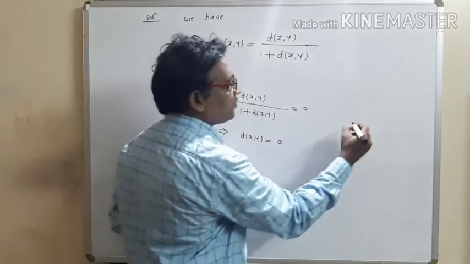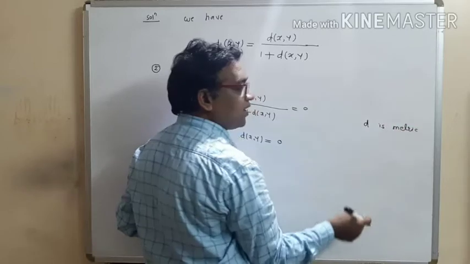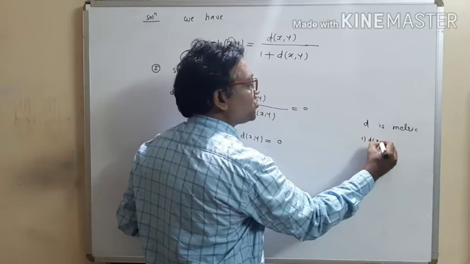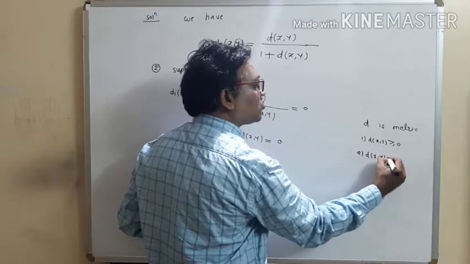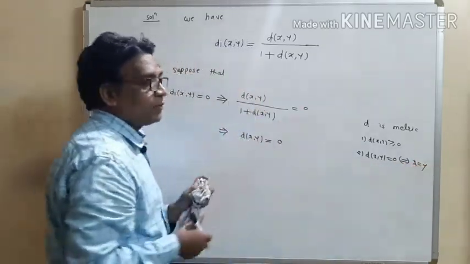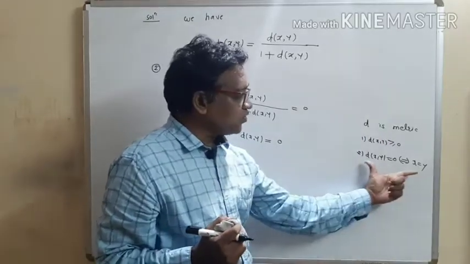And because D is a metric, this is given, metric means D satisfies the 4 conditions. d(x,y) is non-negative, and what is the second condition? If d(x,y) is equal to 0, then we can write x equals y, because it is a metric. So just use this second condition.